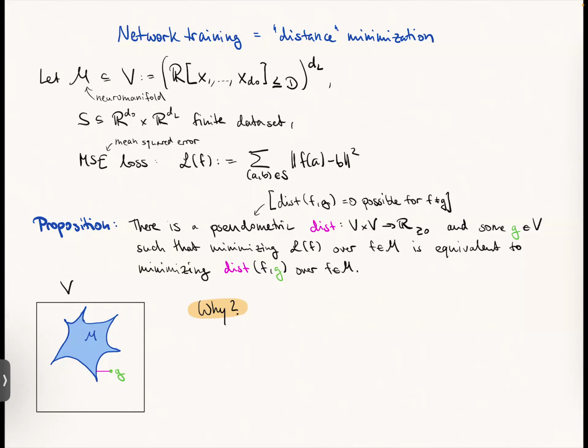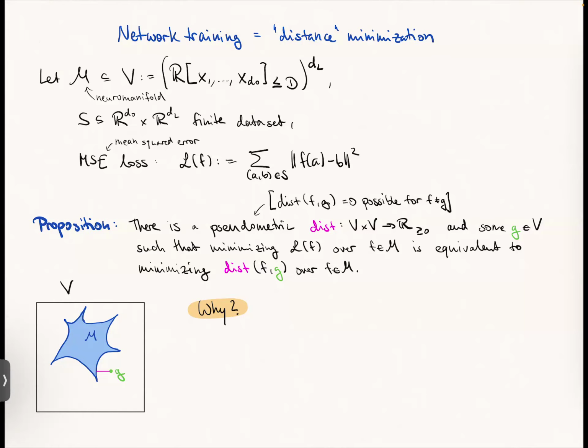And on this slide, I'm doing the mean squared error loss, which is very standard. Given some finite data set S, I would like to minimize this loss function that I define here, that just wants all the f of a's to be close in Euclidean distance to the output b's.